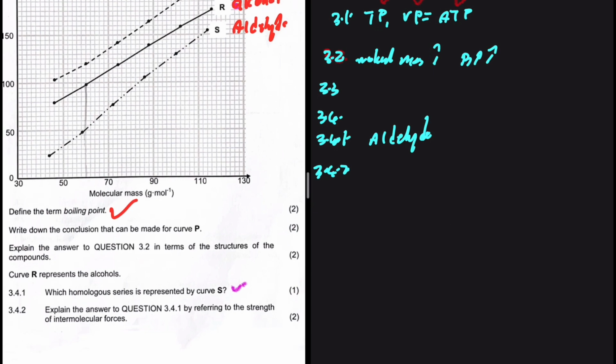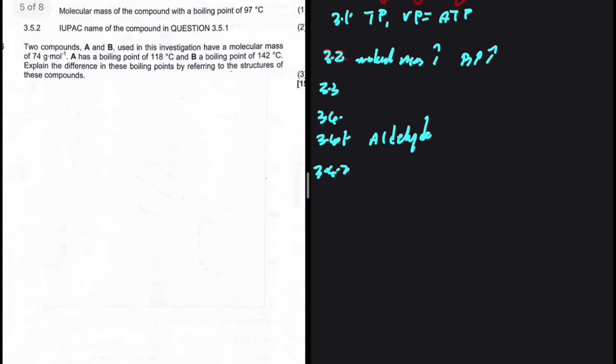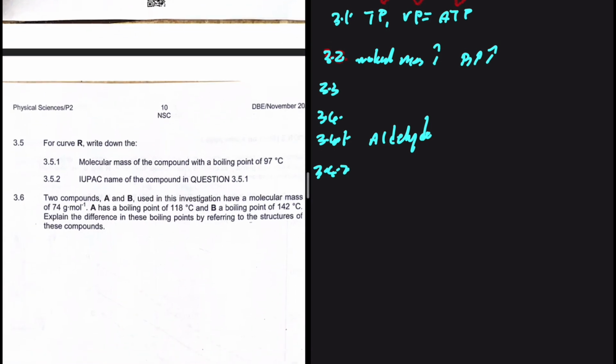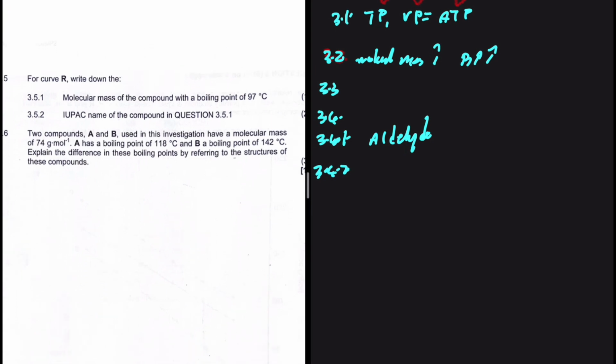So for the same molecular mass, aldehyde should have the lowest boiling point compared to alcohols and carboxylic acids. So that is 3.4.2. Let's move ahead. Okay, we're moving up and not down. So we have 3.5. Let's take a look at 3.5.